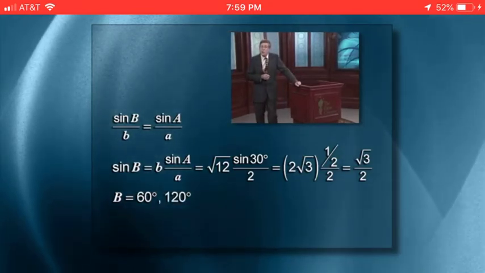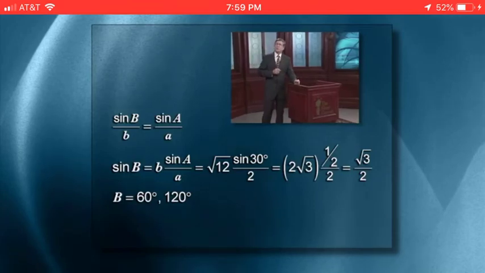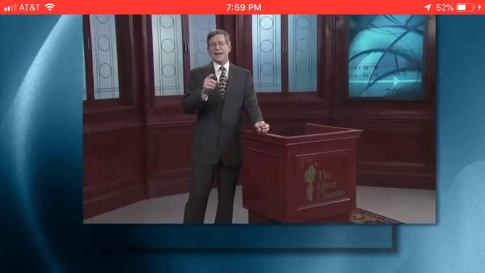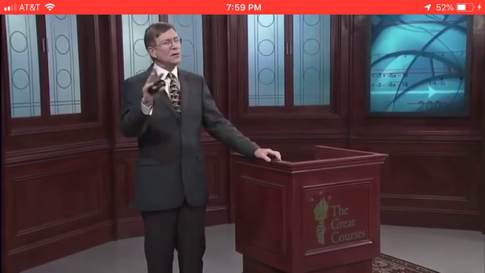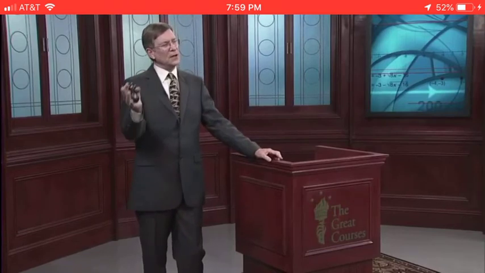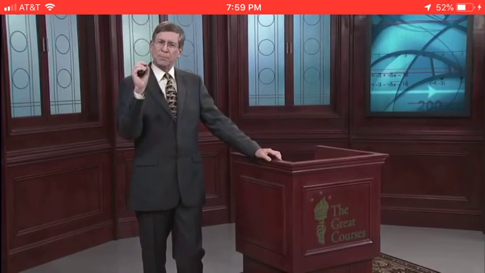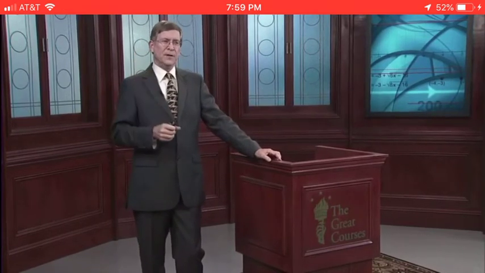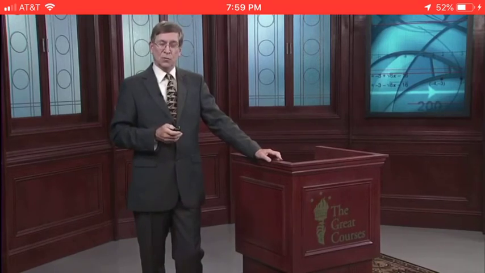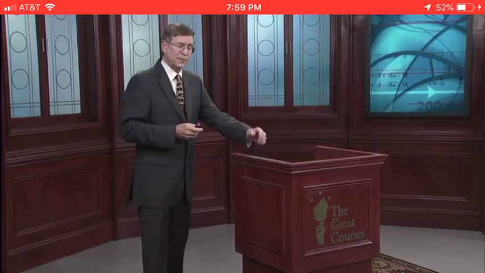Right. 120 degrees also has sine square root of 3 over 2. Now, you wouldn't get that using the inverse sine key on your calculator because it would only give back the first one. But in terms of triangles, there are two angles floating around here, 60 degrees and 120 degrees, and both satisfy the equation sine B equals square root of 3 over 2.